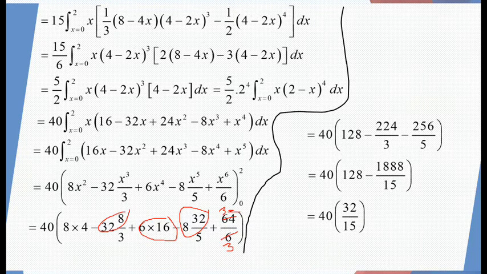Now here we can cancel out this 15 and 5. So 5 threes are 15 and 5 eights are 40. So 32 eights are 256. So it will be 256 by 3. So it is the required solution of the given problem.